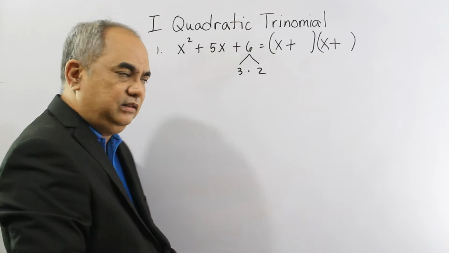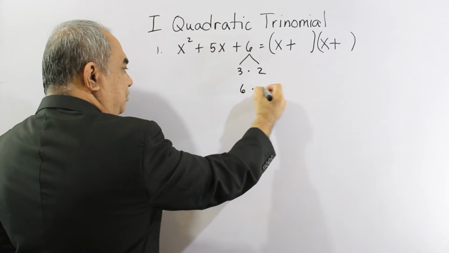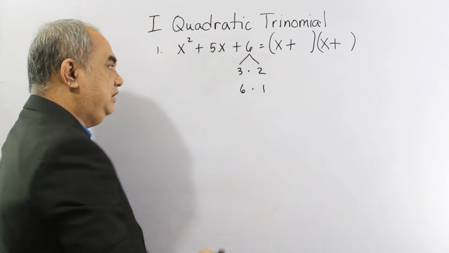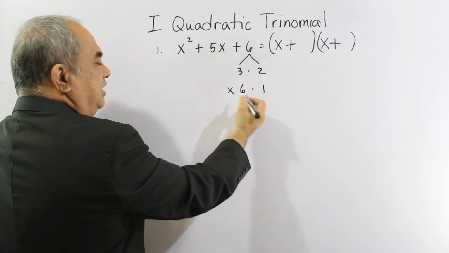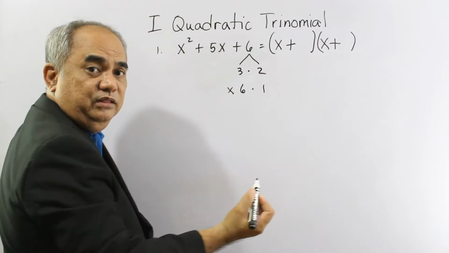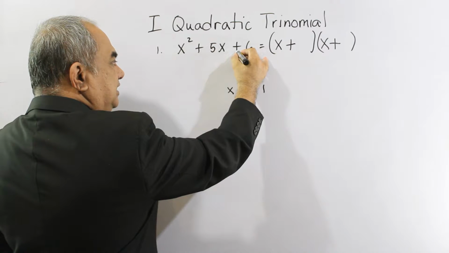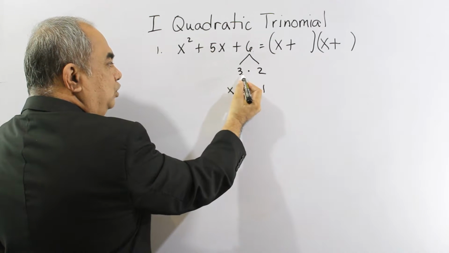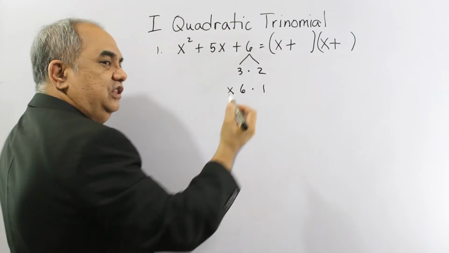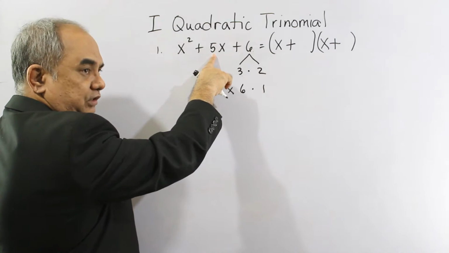But not only that, because another factor of 6 could be 6 times 1. That's also 6. But here, we're not going to use this simply because the product of 3 times 2 will give you 6. And also, the important thing here is that this plus sign would mean you need to add these two factors and it should give a sum equal to the coefficient of the middle term.